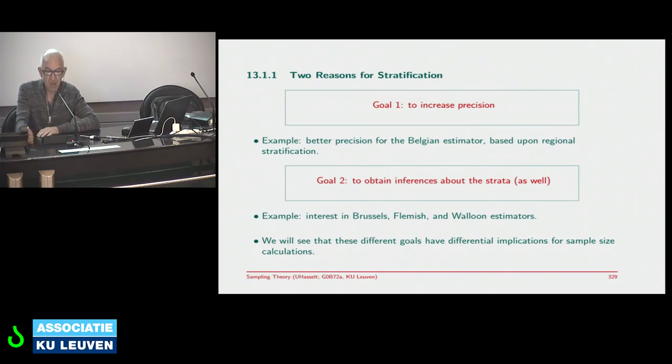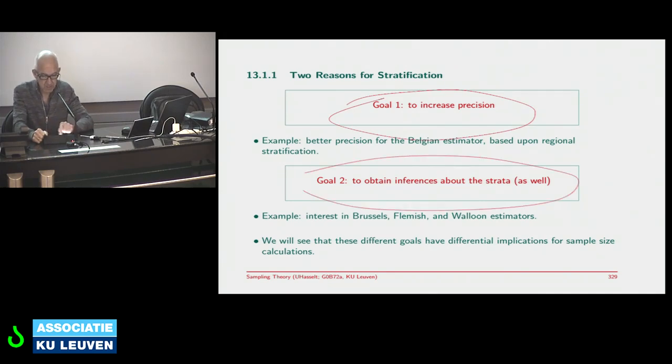Okay. A very important message that I've brought before is there are two different goals for stratification. One is to increase precision. So we're interested in Belgium, but we want the estimate at Belgian level to be precise, not haphazard, not variable, because we move from a sample with more people from Flanders to one with less people from Flanders from one year to another. No, we keep that fixed, and that leads to more precise results.